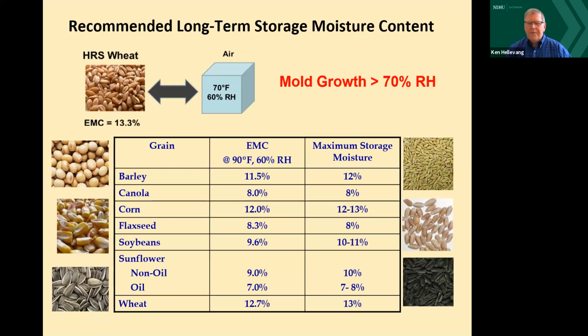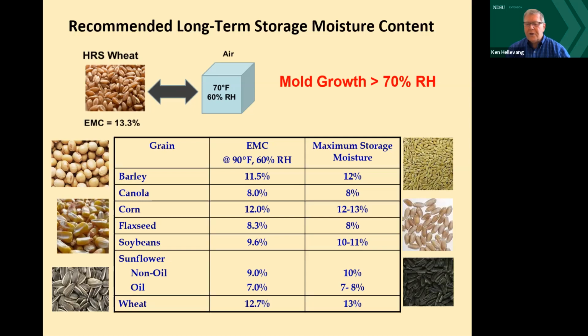So if we look at barley, for example, the equilibrium moisture content is 11.5%, and the typical maximum storage moisture content that we should have for storing barley would be about 12% moisture. For canola, equilibrium moisture content, 8%, and that's the maximum moisture content that we recommend for storage. Corn, EMC at 12%, and we typically think of 12 to 13% moisture as the recommendation at these warmer temperatures.